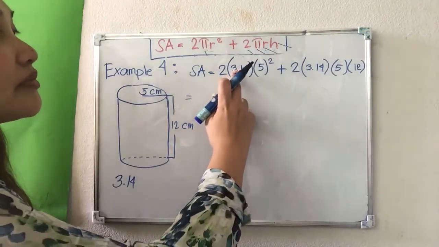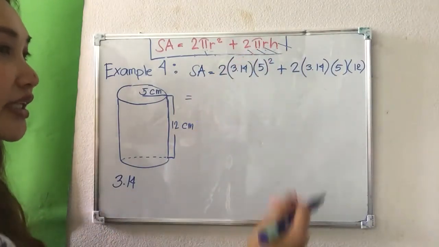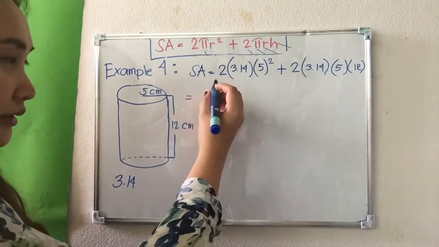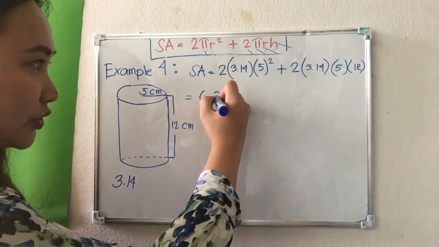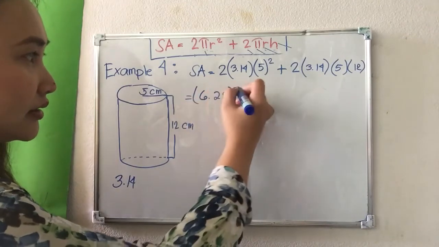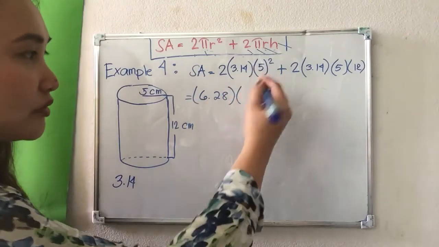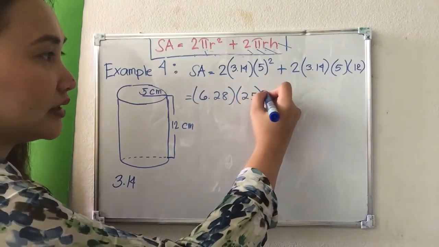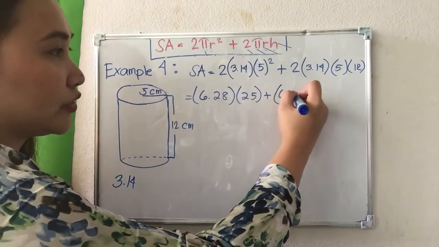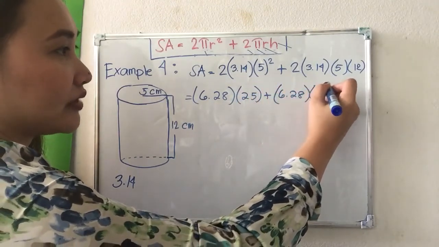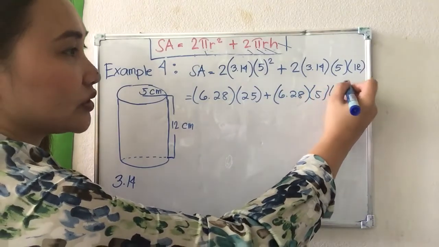So 2 times 3.14 is equal to 6.28 times 5 times 5, 25, plus 6.28 times 5 times 12.